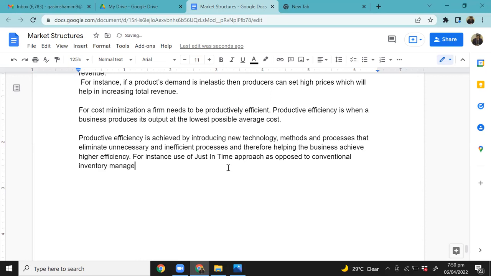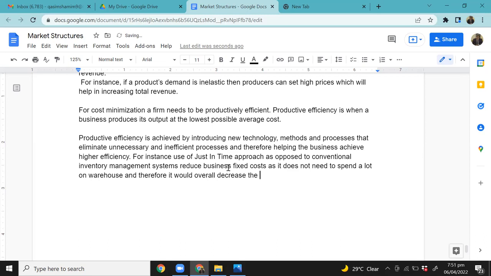Just in time inventory management systems reduce business fixed cost as the business does not spend a lot on warehouse, and therefore it would overall decrease the business average total cost. Is it making sense, students?